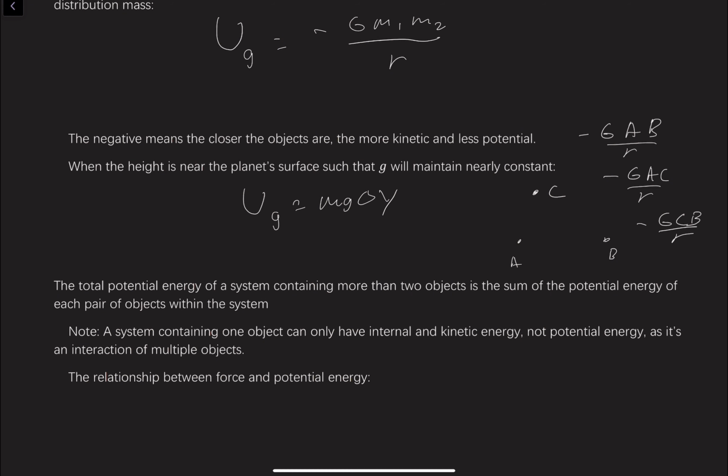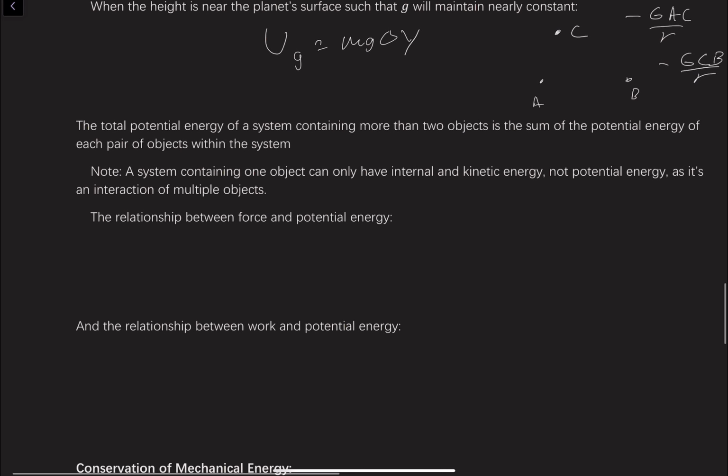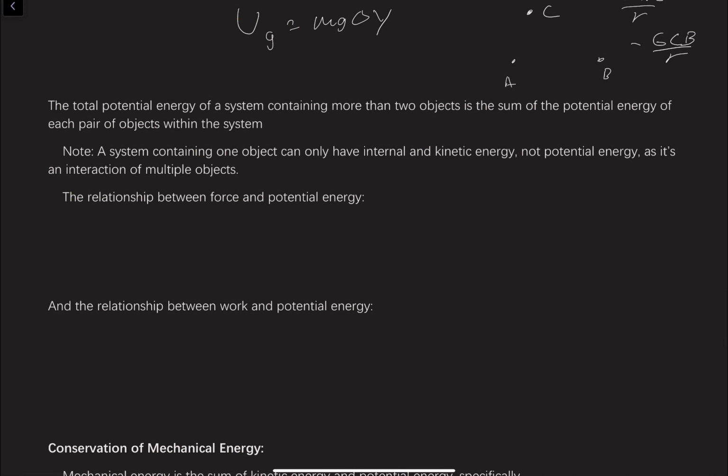That's what it means. You have to sum all these. And a system containing only one object can only have internal and kinetic energy. It doesn't have any potential energy since it must be in interaction with multiple objects.